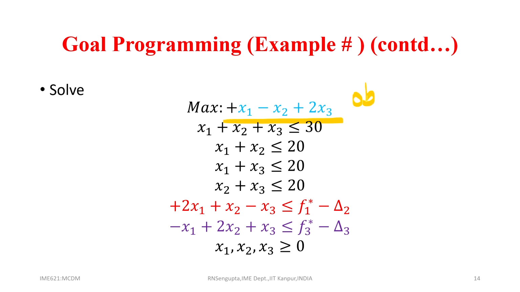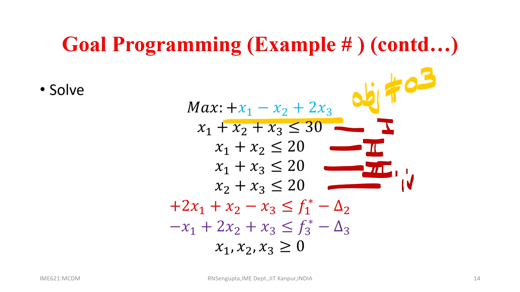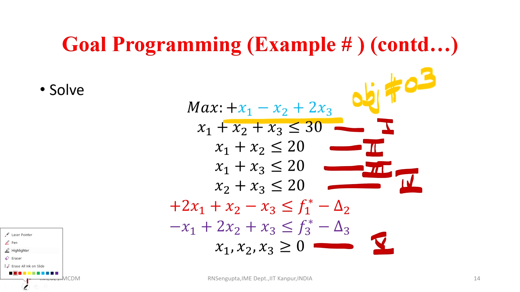So, I will just write objective 3. Constraints, this is 1, we already know this is 2, known to us 3, 4, this is 5, and the red one and the blue one which are corresponding to objective function 1 and 2 are as follows.